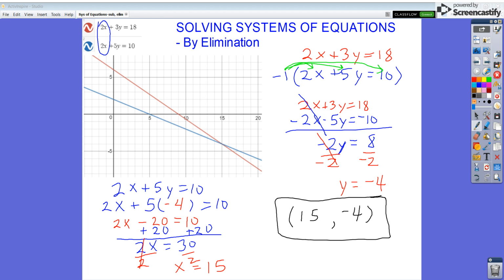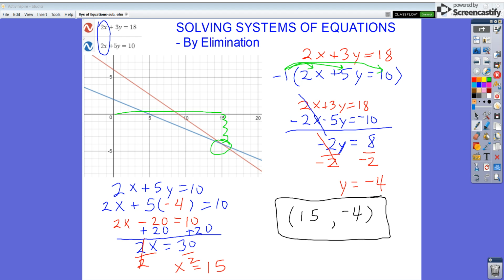So if you look at the graph, we go 15 to the right, starting from the origin. And I'm just going to do this in green. We go 15 all the way to the right, and then down minus 4. 1, 2, 3, 4. And that is a solution we came up with algebraically, and it matches the graphical solution.